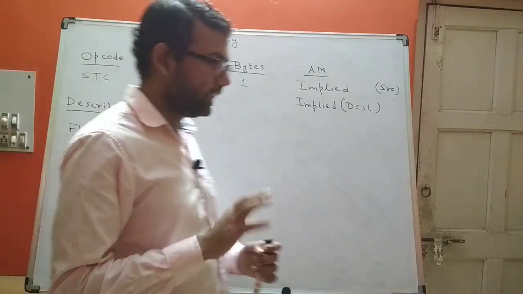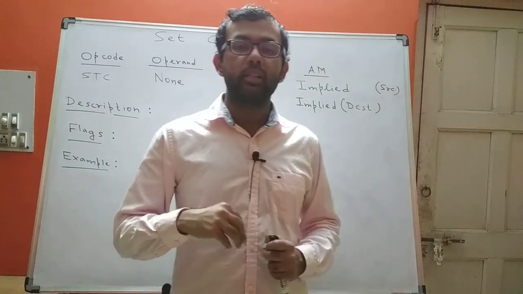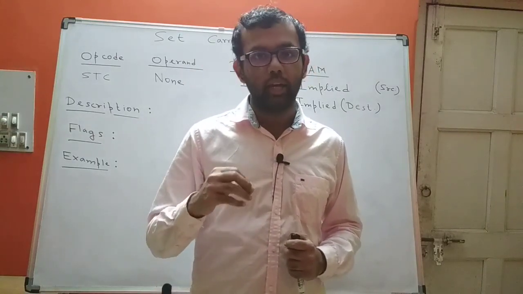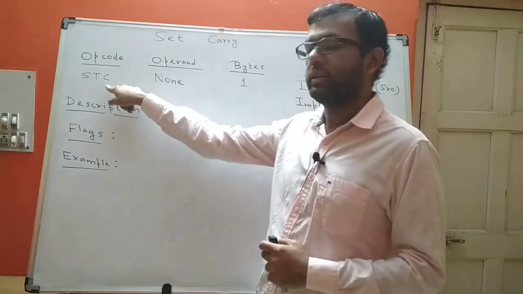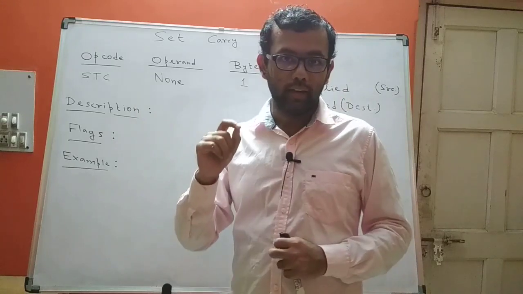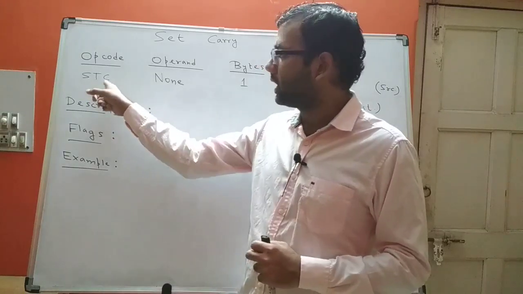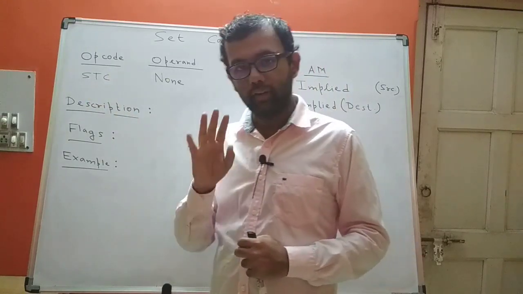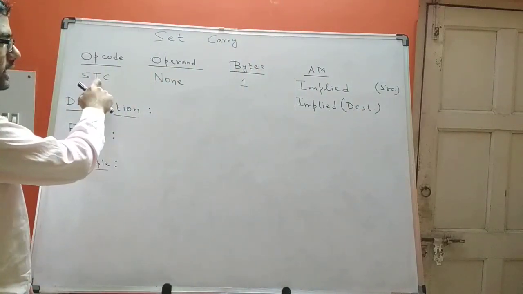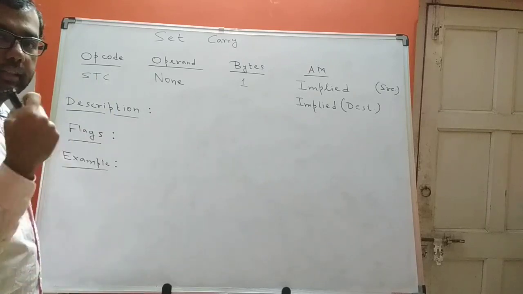See, STC, set carry, it will always change your carry flag to 1. That means if your current carry flag is 0 and you execute this instruction STC, it would change it to 1. And if your current carry flag is 1 and you execute this instruction, it will remain 1. If the carry flag is already set and you execute STC, it will remain in the set form.